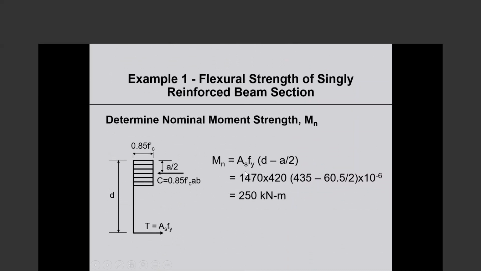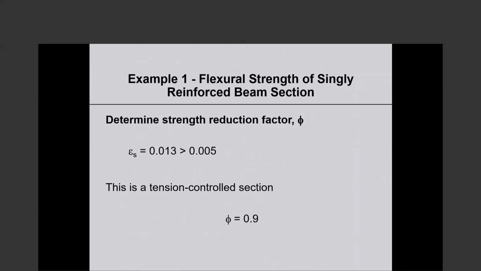So A sub s is 1470 square millimeters, f sub y is 420 MPa, d is 435 millimeters, a we calculated 60.5 millimeters divided by 2, and all of that gives us 250 kilonewton meters of nominal moment strength. Pretty easy calculation.